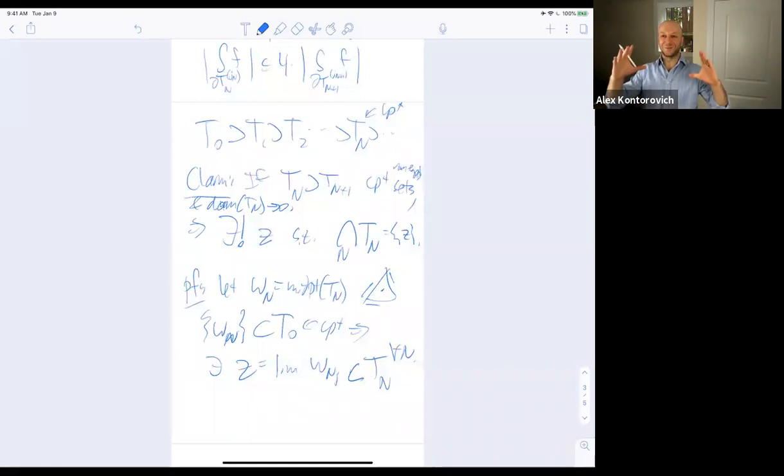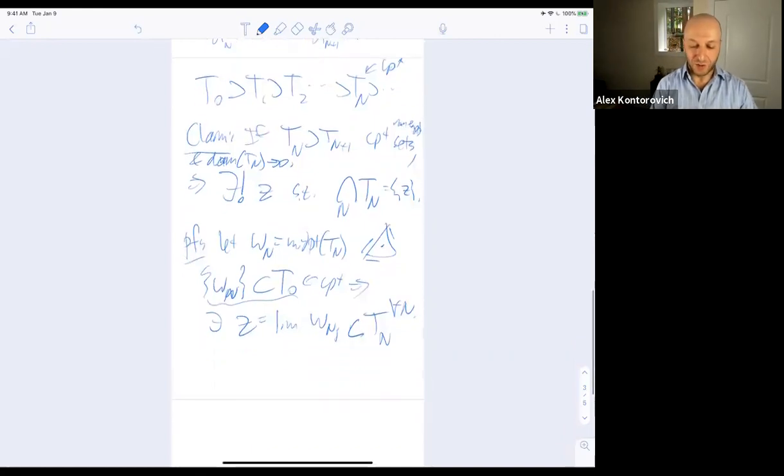So Z is in T0 and it's also a limit point of T1 and Tn and so on, which implies Z is contained in the intersection over all of them.